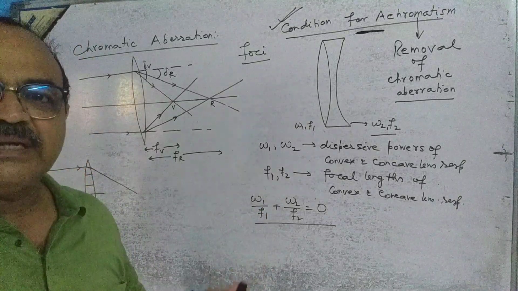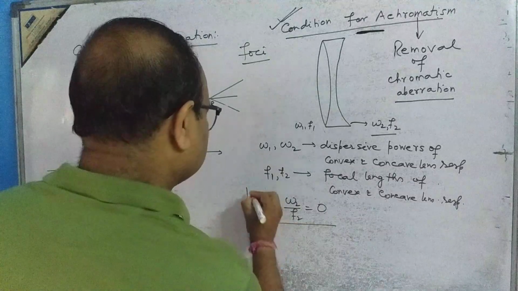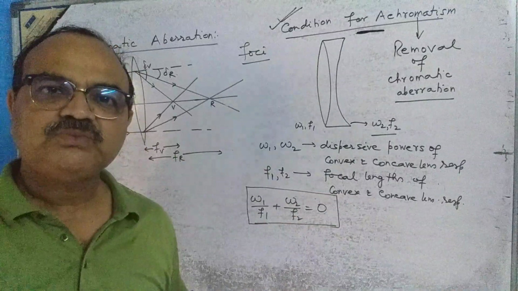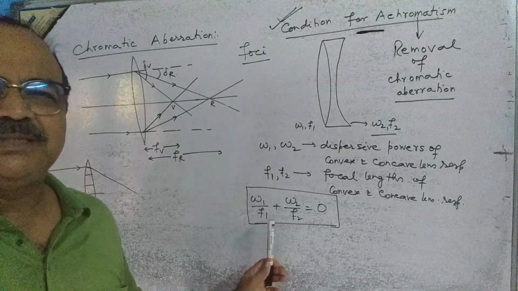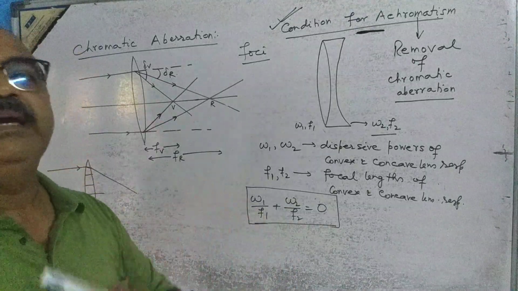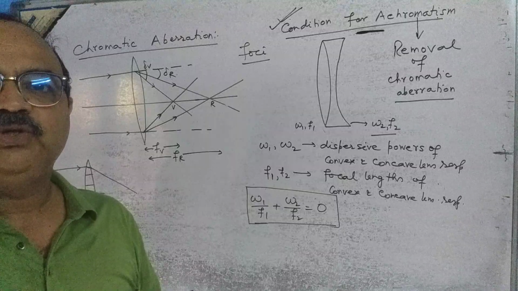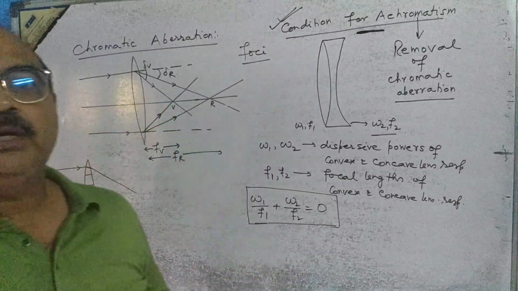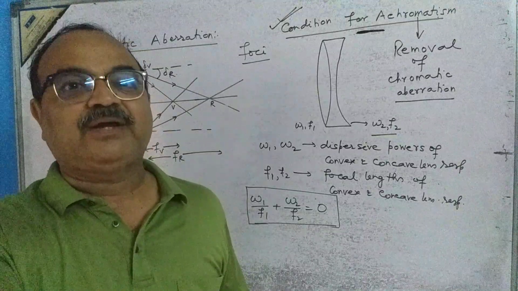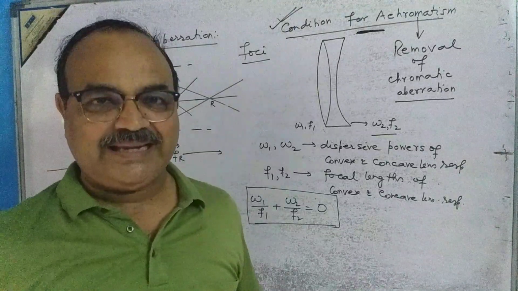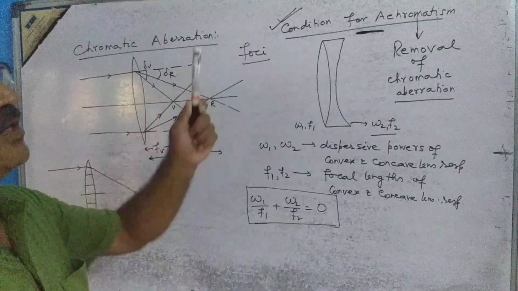Understood? Sometimes in competitive examinations this is asked. Small numericals may be based on this. In CBSE we don't need it, but in competitive exams you may need it. And moreover, when we discuss microscopes and telescopes, this optical defect may appear.